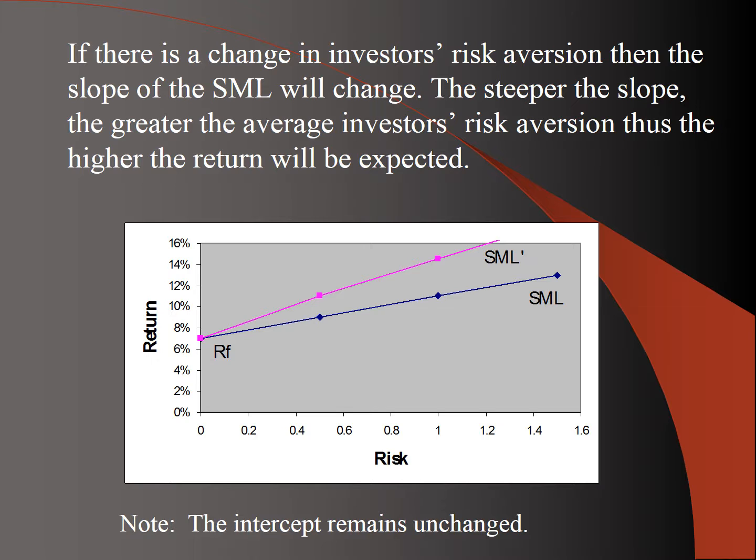They push not all, but a good portion of their money into risk-free assets. And so now companies that have betas that reflect risk, before where you might have been happy taking on a stock that had a beta of 0.5, you were happy before with a 9% return.